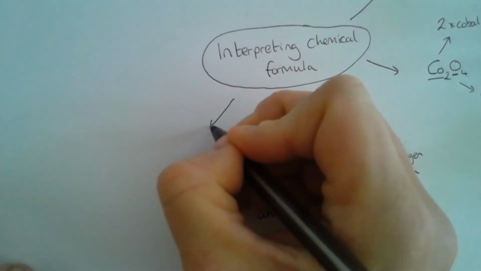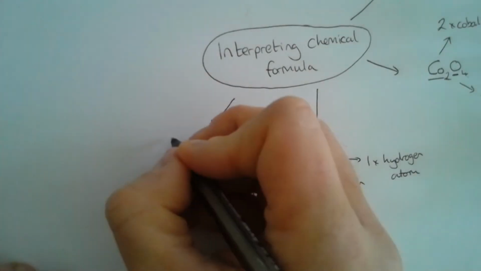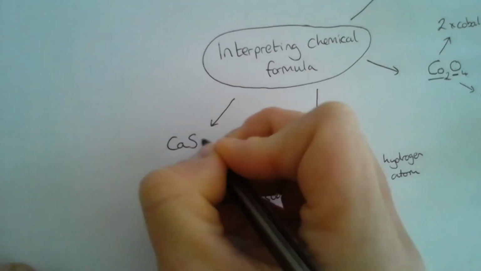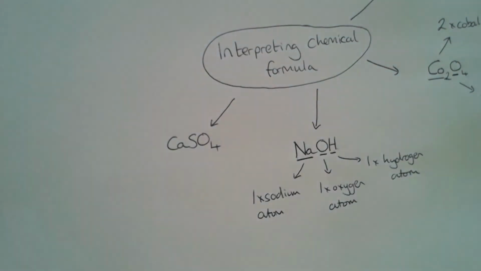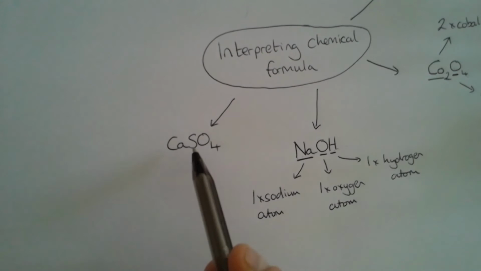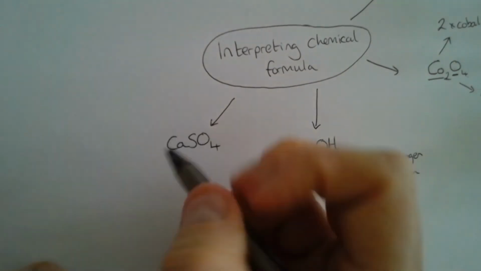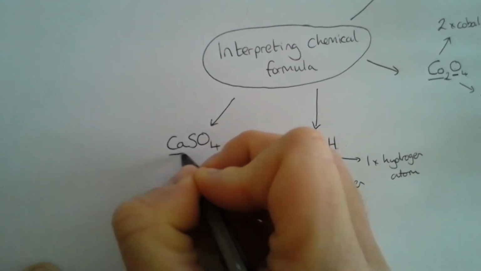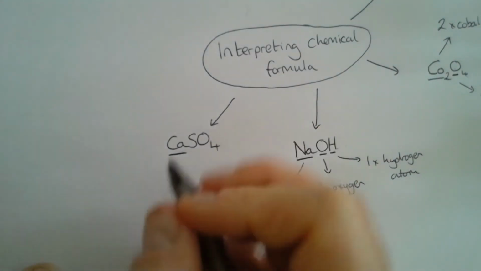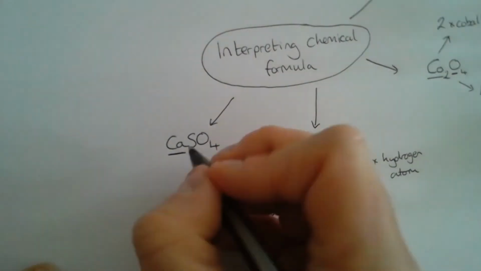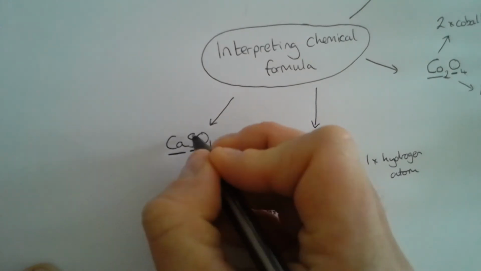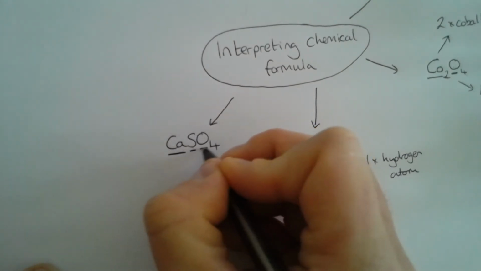Now we're going to come to a slightly more complicated example, and this is going to be CaSO4, and this is often where someone will make a mistake. People will often look for SO4 on the periodic table, but obviously there's 2 elements there. So let's do the first stage again, which is underline the elements present. Underline Ca, it's a 2-letter symbol, and then we've got S because it's a capital letter, and then O because that's a capital letter.